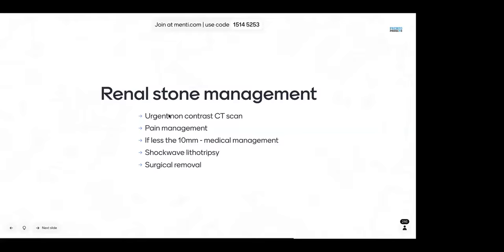But if it doesn't pass, we either do shockwave lithotripsy, which is very powerful lasers that break down these stones, or we do surgical removal of the stone. I can show you guys what the laser therapy looks like in a second. But it needs urgent treatment because it's very, very painful.